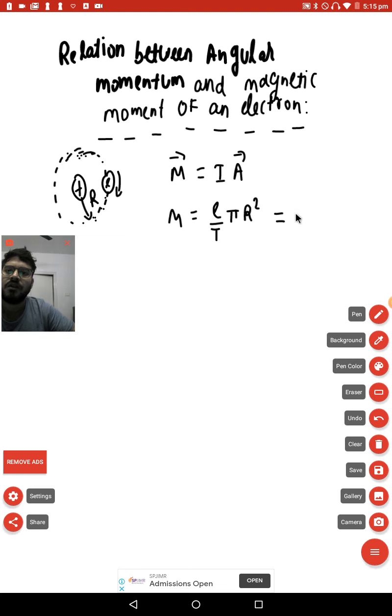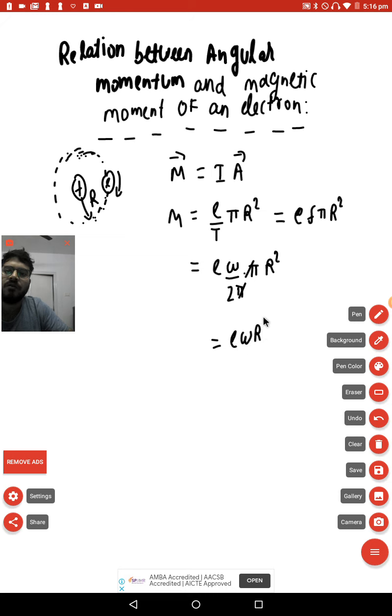We can also write this as E times frequency times pi r square, and we can also write frequency as omega by 2 pi. So this can be written as E times omega by 2 pi times pi r square. Pi gets cancelled, so this is E omega r square whole divided by 2. Let this be equation number 1.